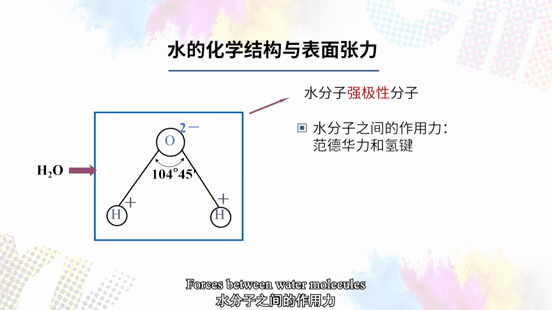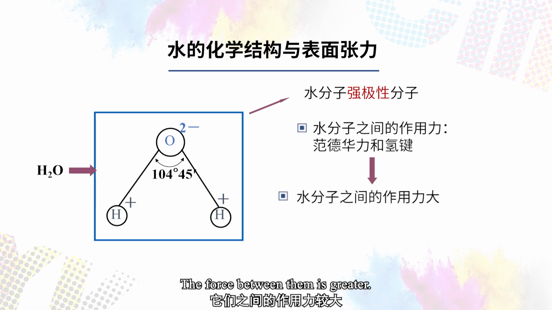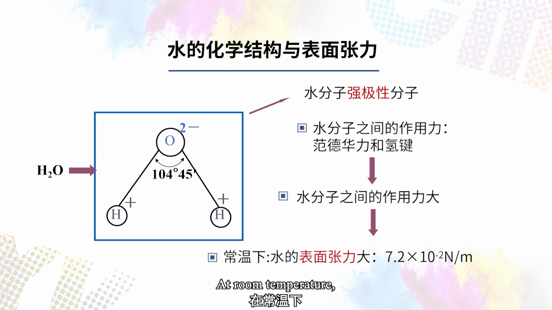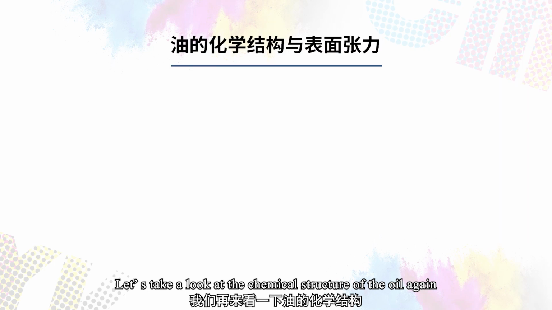The forces between water molecules are made of van der Waals forces and hydrogen bonds, so the force between them is greater. At room temperature, the surface tension of water can reach 7.2 times 10 to the power of -2 newtons per meter.